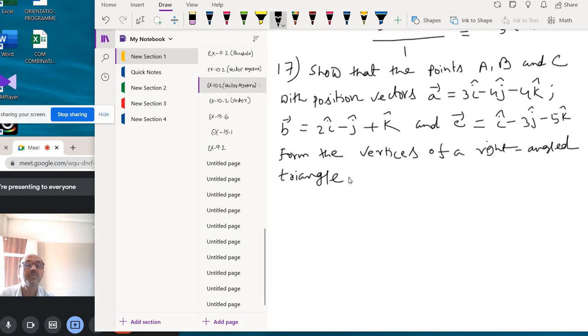Okay, to show that the points A, B, C with position vectors A equal to 3i minus 4j minus 4k, B equal to 2i minus j plus k, and C equal to i minus 3j minus 5k form the vertices of a right angle triangle.